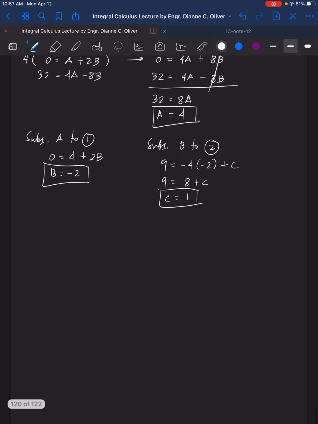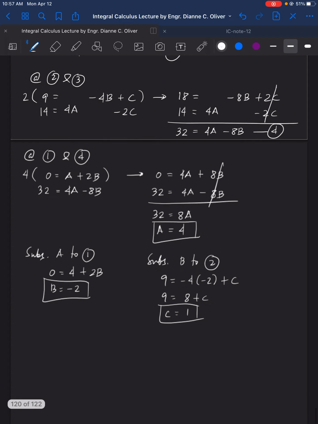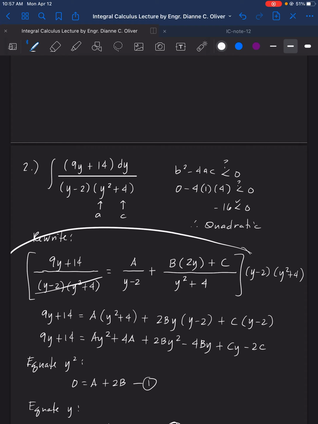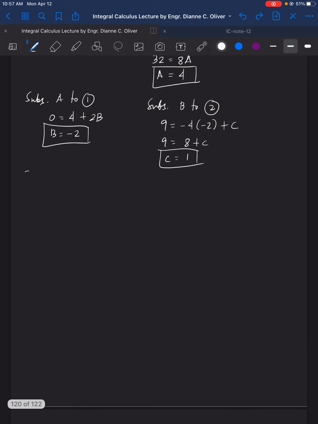So having the values for A, B, and C, we can now rewrite. Go back to this part here, the equation. So we have the integral of (9y + 14) dy all over (y - 2)(y² + 4), that is equal to, the value for A is 4, integral of dy over (y - 2).